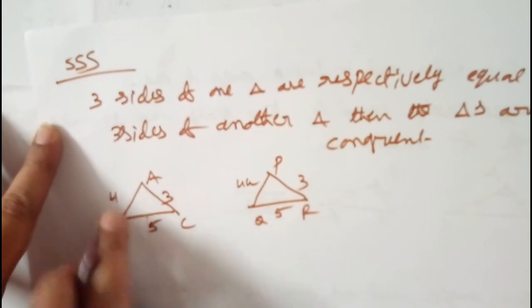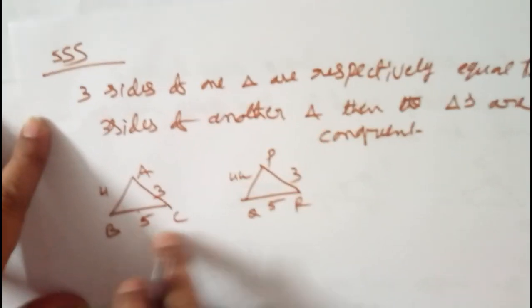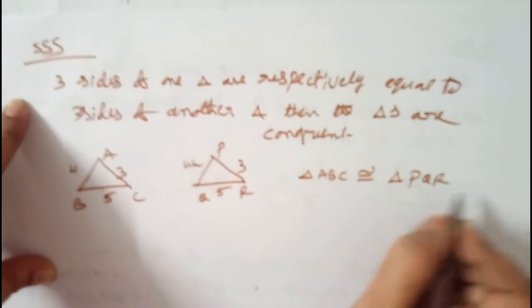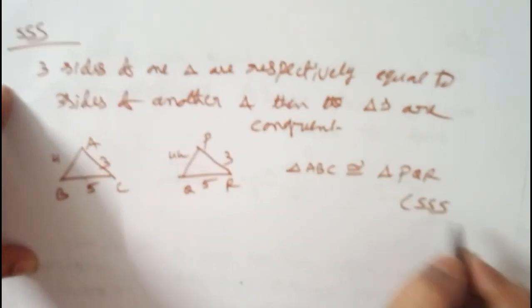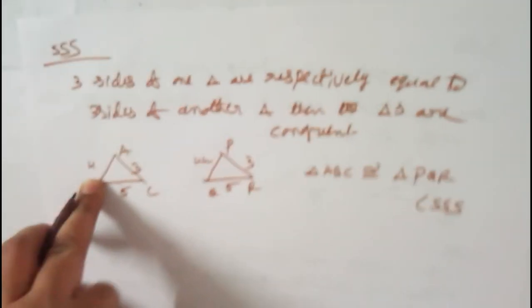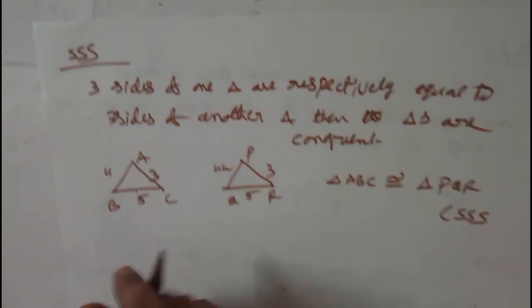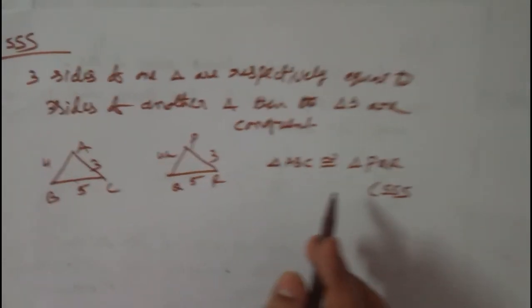Now AB is equal to PQ, BC is equal to QR, AC is equal to PR. So triangle ABC is congruent to triangle PQR under which condition? SSS condition. Three sides of triangle ABC are respectively equal to three sides of triangle PQR. So triangle ABC is congruent to triangle PQR.